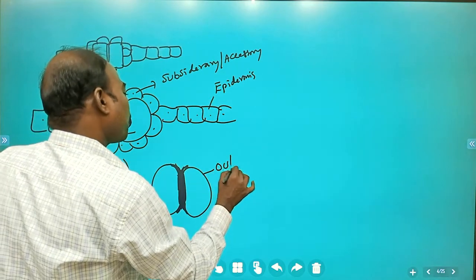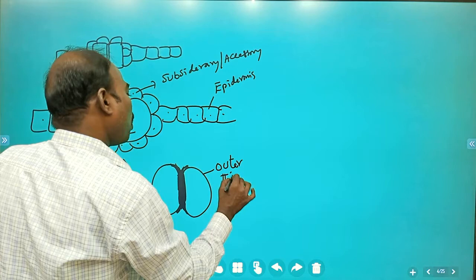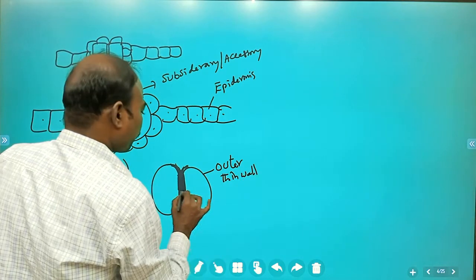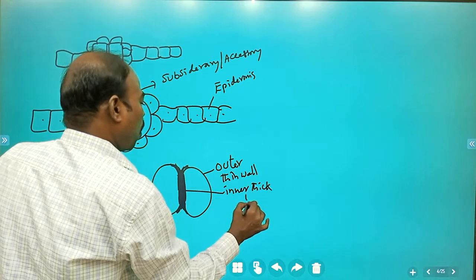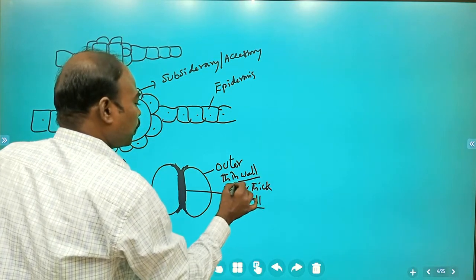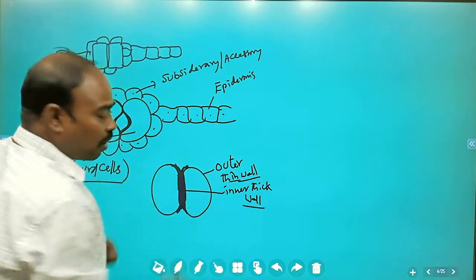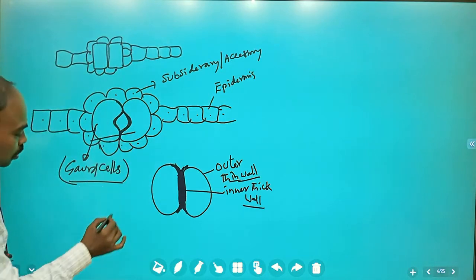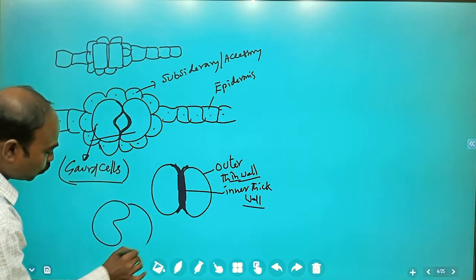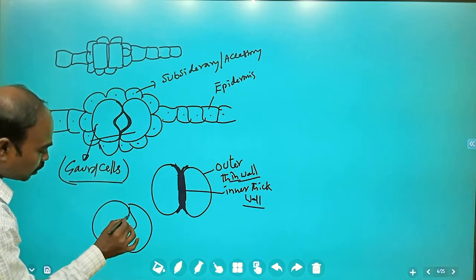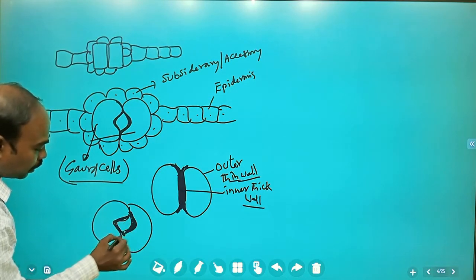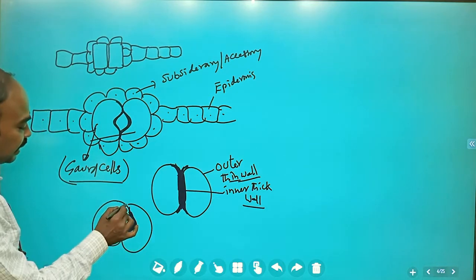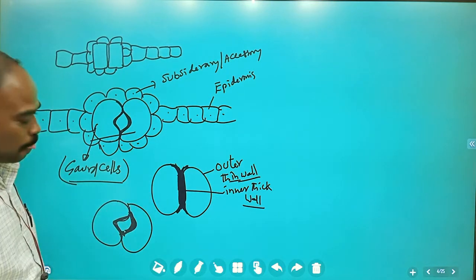So outer thin walls, inner thick wall. Due to the difference in the thickening of walls, it opens like this. Because of the thick inner wall and the thin outer wall, a crescent shape takes place.